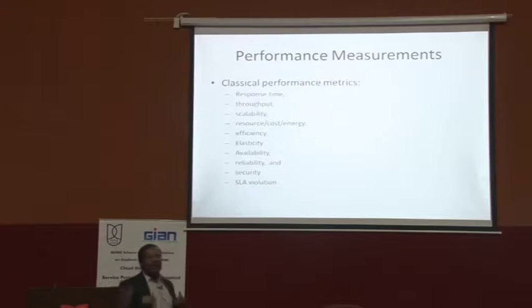Cost is how much you pay for your application. As a user, you want to minimize this cost. Energy is the cost of energy. Efficiency is, again, a word used in very loose ways. Efficiency means many things to many people, so you need to properly define it when we talk about efficiency.